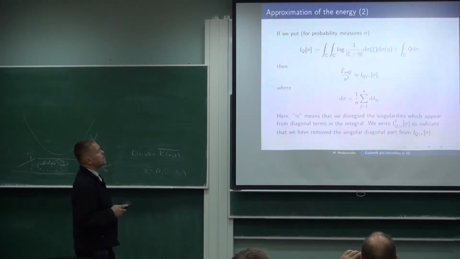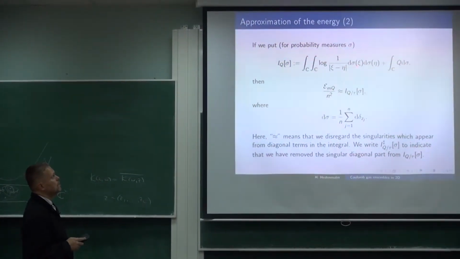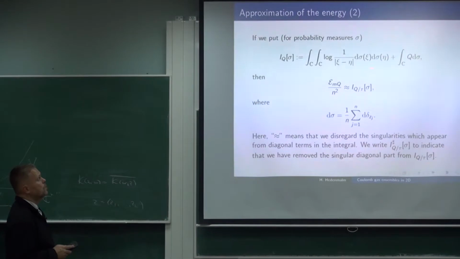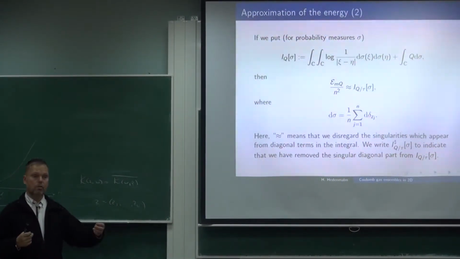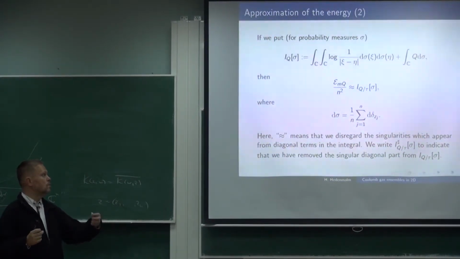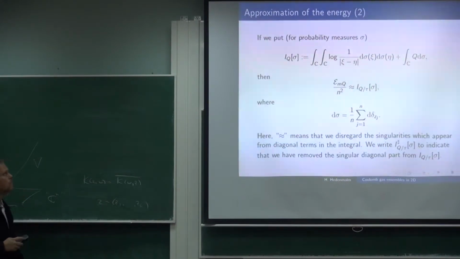Well, if you really do take this measure, then in this double integral you get the possibility of having 2 points being the same. So you will get infinite contributions from the diagonal part of the integral. That's why this is not really correct. Actually, this will not be well defined.